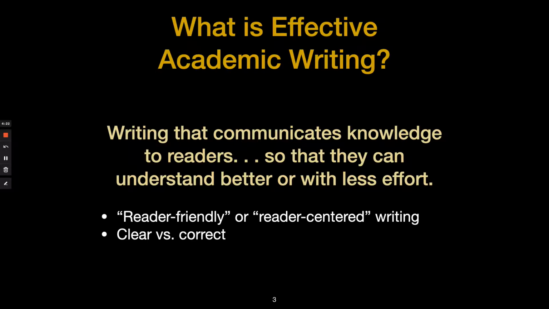So we can call this reader-friendly or reader-centered writing instead of, for example, writer-centered writing. So a writer-centered piece of writing would be somebody who just puts all their ideas on the paper and says, okay, figure this out. Whereas a reader-centered or reader-friendly piece of writing, the author would take time, go through multiple drafts, and they would ask themselves, is this writing clear?